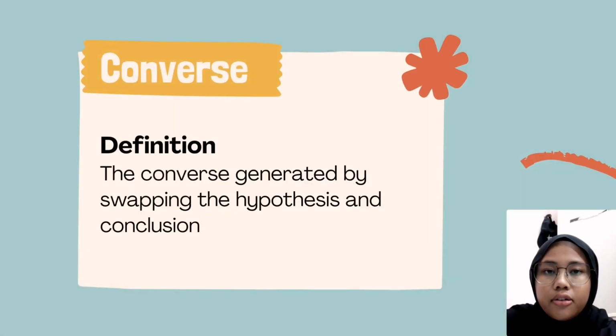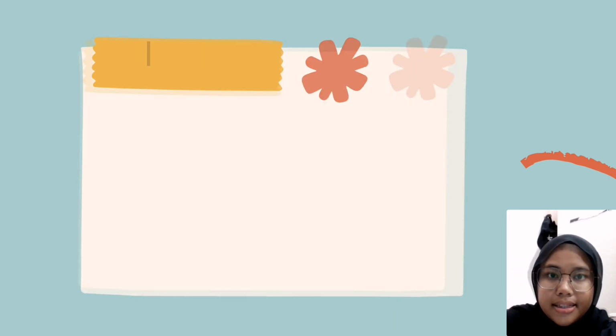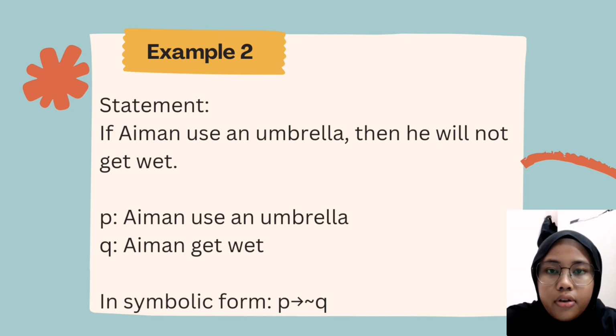Converse. The definition of converse is that it is generated by swapping the conclusion and the hypothesis. This is the example for converse. The statement: if Aiman uses an umbrella, then he will not get wet. So we change it to symbols, P and Q. P is Aiman uses an umbrella and Q is Aiman gets wet.